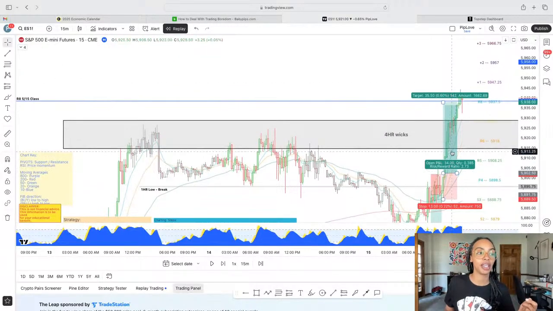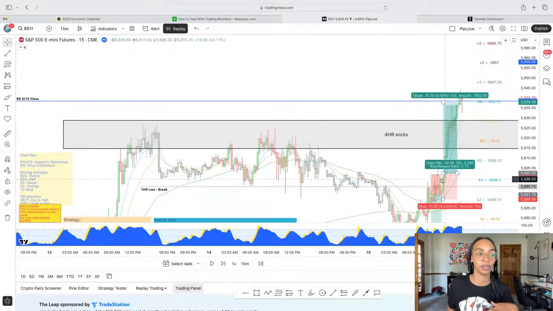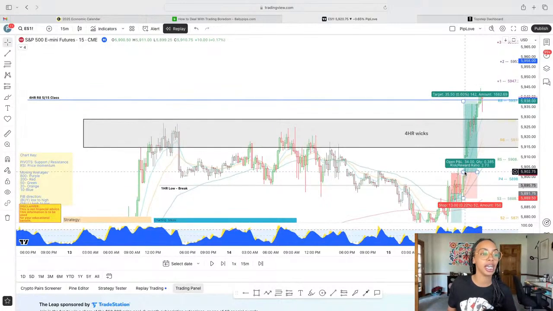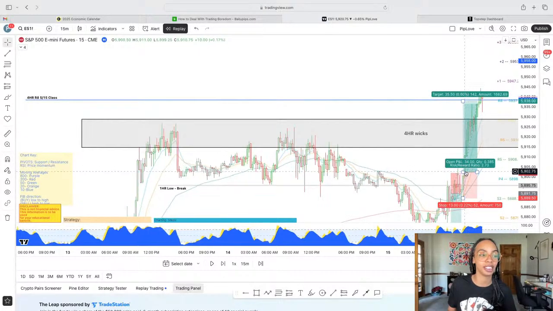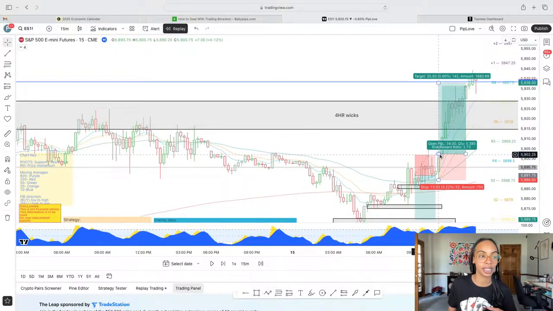Because once we had a pivotal shift, our R8 on the 15-minute was the R8 on the 4-hour. We already knew that. We already had that marked up before those pivot levels even shifted. So if we didn't even have our pivot levels shifting like that, as soon as price broke above this area here, and we were no longer making lower lows and instead making higher highs, we already had a price point.